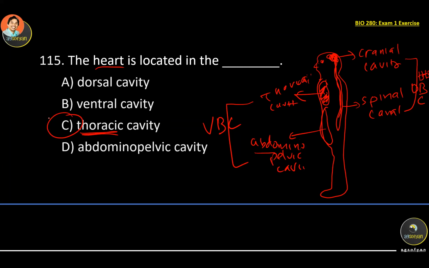That's the correct answer. You can answer ventral also. This is also correct, but it's not really the precise location, because the ventral cavity could be thoracic or abdominopelvic. So the precise location for the heart is in the chest, the thoracic cavity.